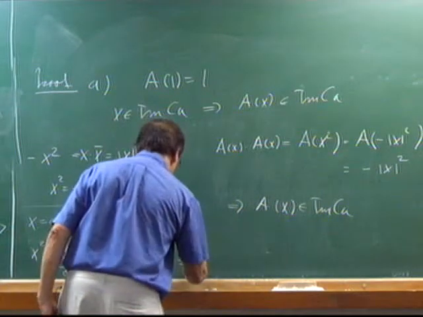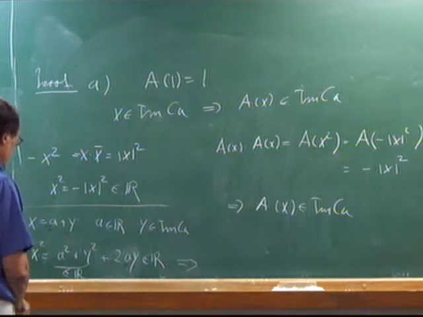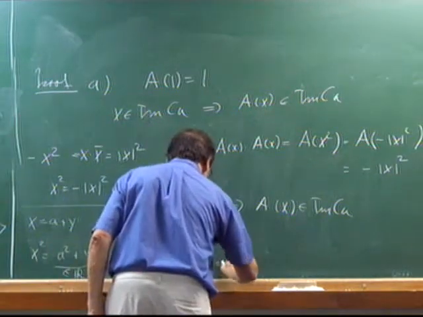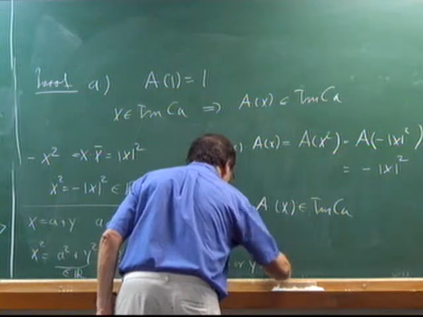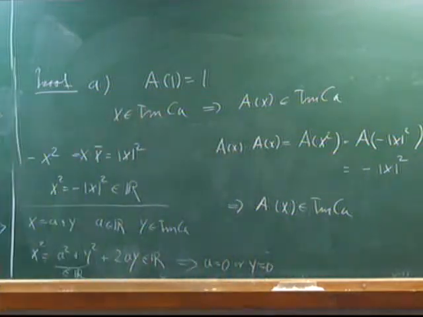So this implies that a or y is 0. Of course, if y is 0, the square is positive, right?